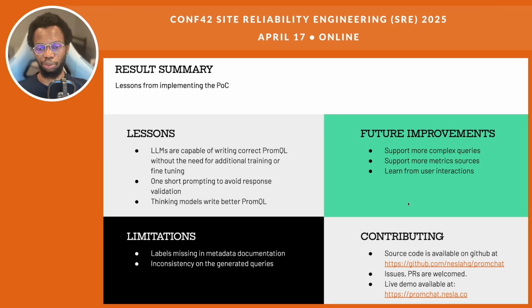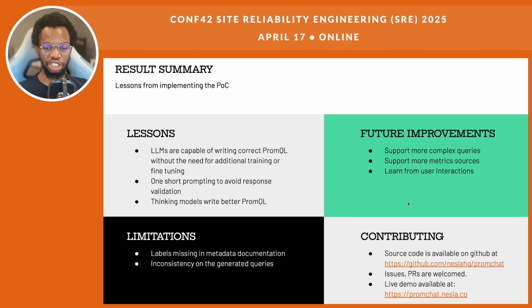Based on the last example, you would realize that the thinking models are better when it comes to writing complicated PromQL. The lighter models work for most cases, but when you want to ask more complicated questions, the more powerful the models are, and the more time they spend thinking, the better the PromQL they write. We've seen that again in the last example.